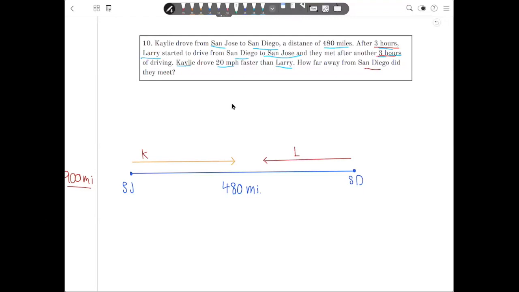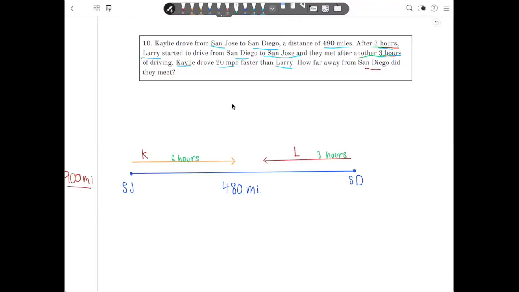We know that after 3 hours, Larry started to drive from San Diego to San Jose. They met after another 3 hours of driving. Okay, so Larry only drives for 3 hours. However, Kaylee drives for 6 hours, 3 plus another 3 hours, because she's driving the whole time.